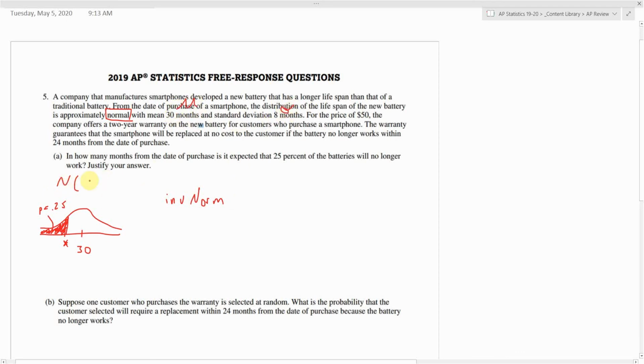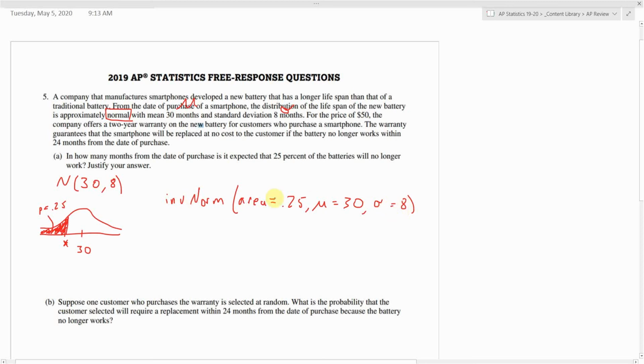I would note my normal distribution is a normal distribution with mean 30 and standard deviation of 8 months. When I do inverse normal, it's going to ask me in the calculator for the area, and I know my area is 0.25. It's also going to want to know the mean and the standard deviation of the distribution I'm looking at.